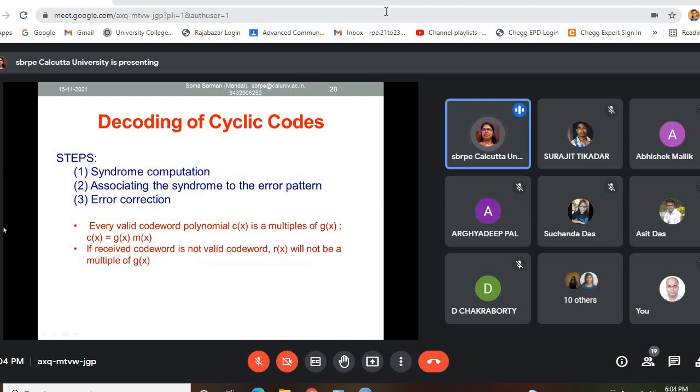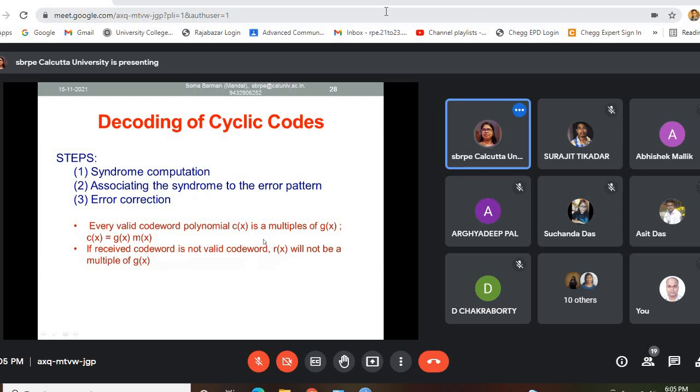If the received code word is not a valid code word, the received code word is R(x). Always we mention that R means at the receiver section; always we denote the vector at the receiver section as R. The received vector is R. So here R(x) is the received code word polynomial.